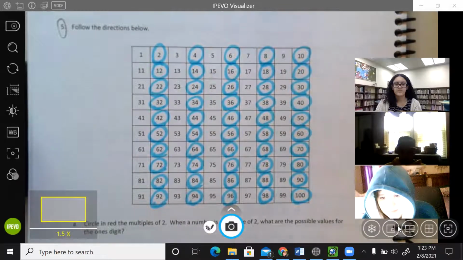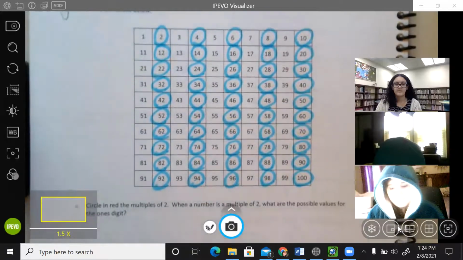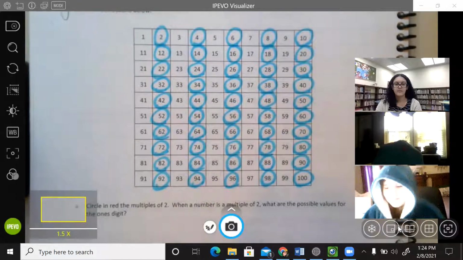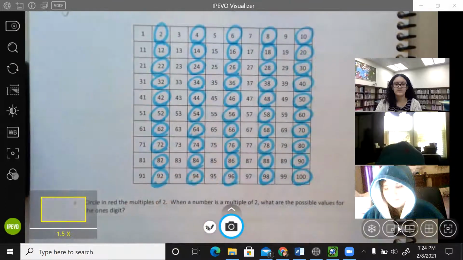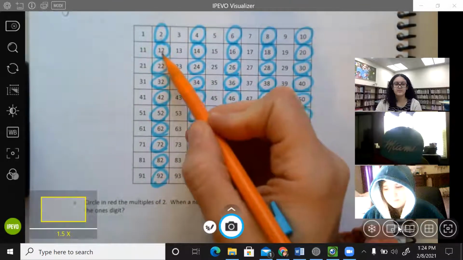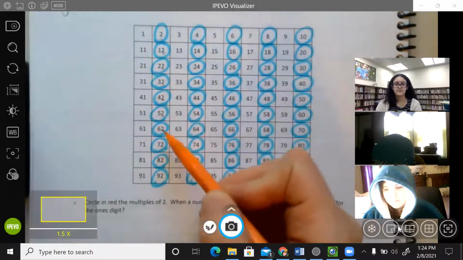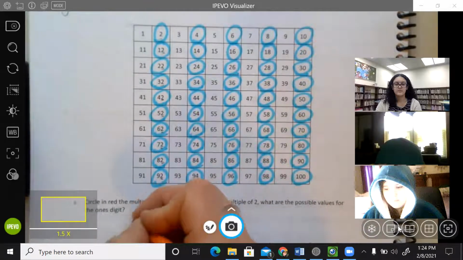So Soren, if you look at all the ones places, what are our options? What do we have the whole way down this line in the ones place? They all end in 1. No. Ones place. They don't end in 1. What do they end in? Oh, 2. Okay, look down this row.